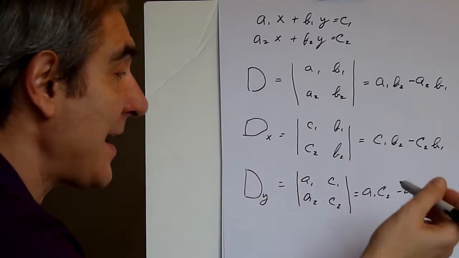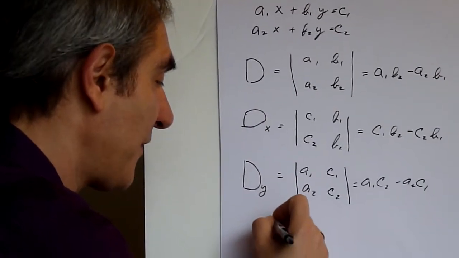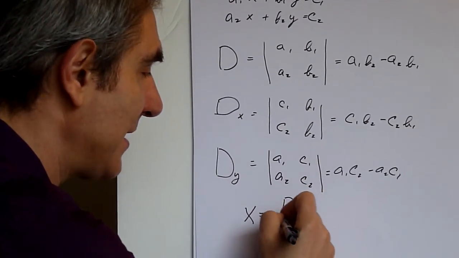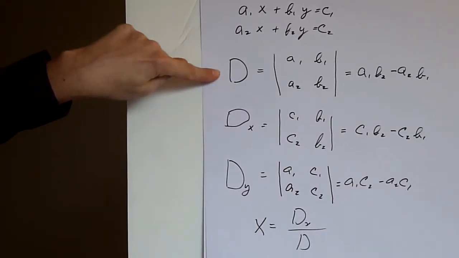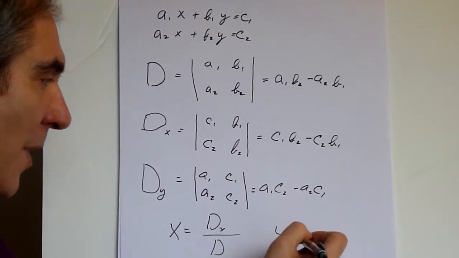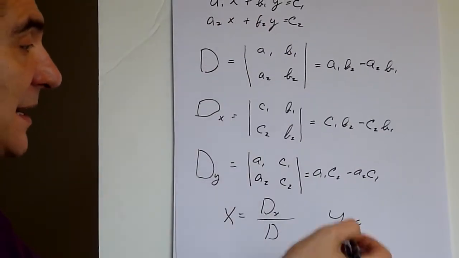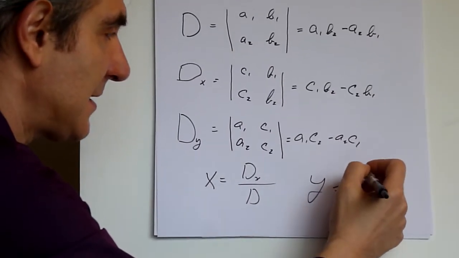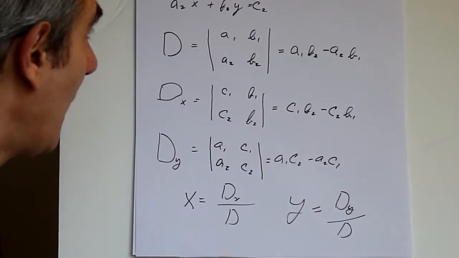To find specifically what x and y are going to be, for our value of x, we simply take D sub x and divide it by D. This amount divided by this amount gives us x. For the y variable, the y coordinate of the solution to the system of equations, it's going to be D sub y divided by D. It's relatively simple.